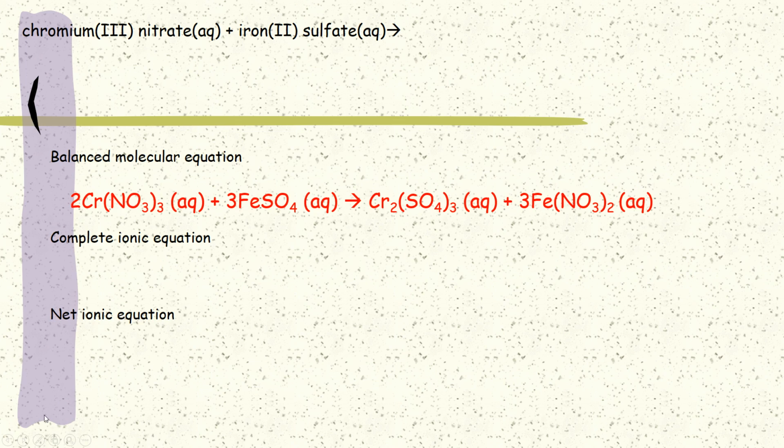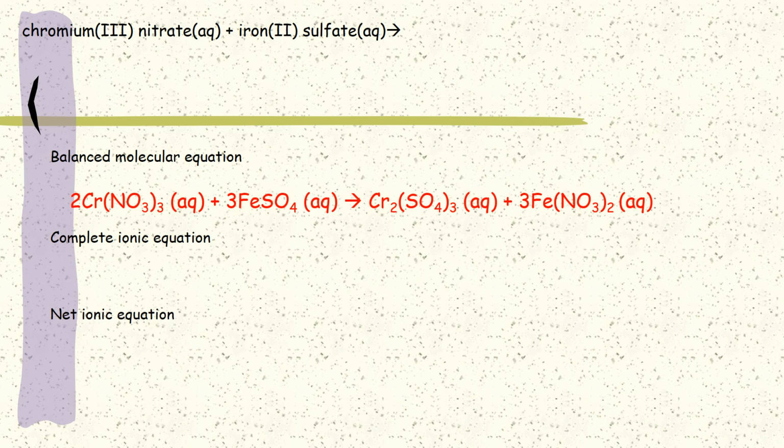All right. So for the balanced molecular, you should have ended up with this. So balanced molecular, we should have ended up with two chromium 3 nitrates, aqueous, plus 3 moles of iron 2 sulfate, aqueous, would react to form chromium 3 sulfate, and it ends up being aqueous because chromium doesn't meet any of the requirements for sulfate to be insoluble.